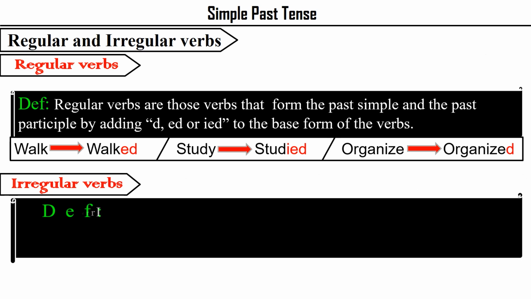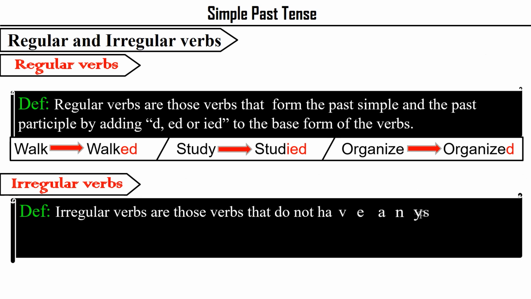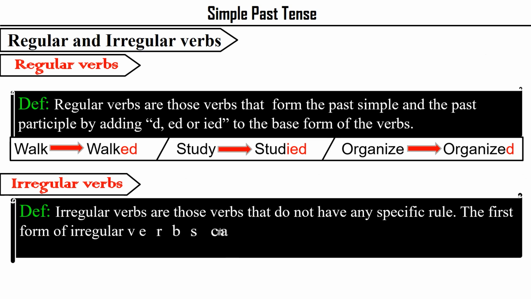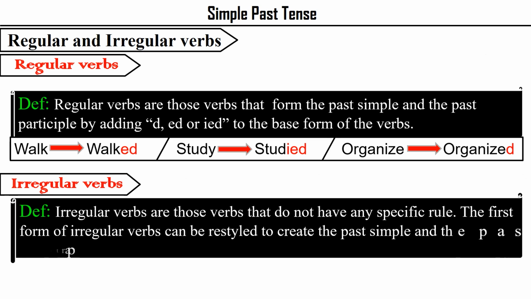Irregular verbs. Irregular verbs are those verbs that do not follow any specific rule. The first form of irregular verbs can be restyled to create the past simple and the past participle. In irregular verbs, we do not add ed, d, or ied to the verbs.